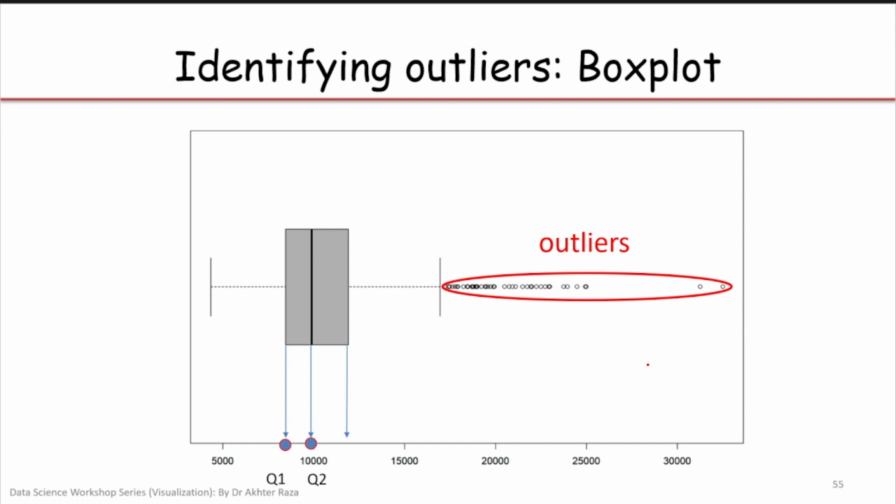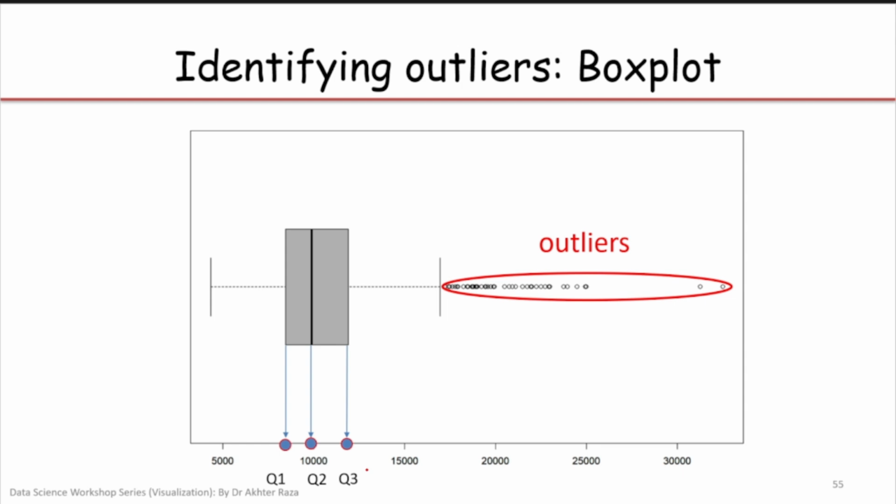And the third point is referred to as the third quartile. 75% of observations are below the third quartile, 50% of observations are below the second quartile, and 25% of observations are below the first quartile. The quartiles can be identified by using the corners and the midpoint of the box.